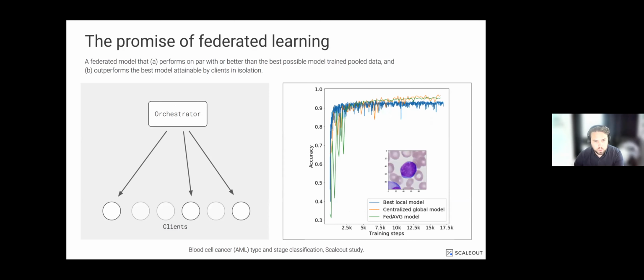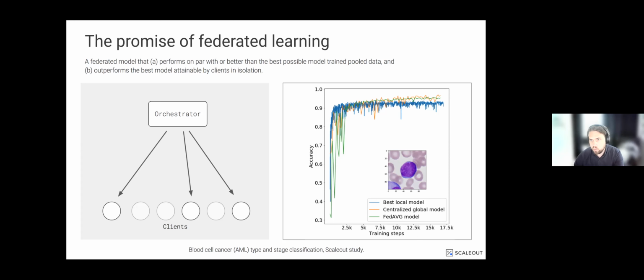But then, to take a step back and look at the promise of federated learning, what research looks at a lot is the idea that we would be able to create a federation and train a model that performs on par with, or ideally better than, the best model that you could train on the theoretical pooled data that you don't have.